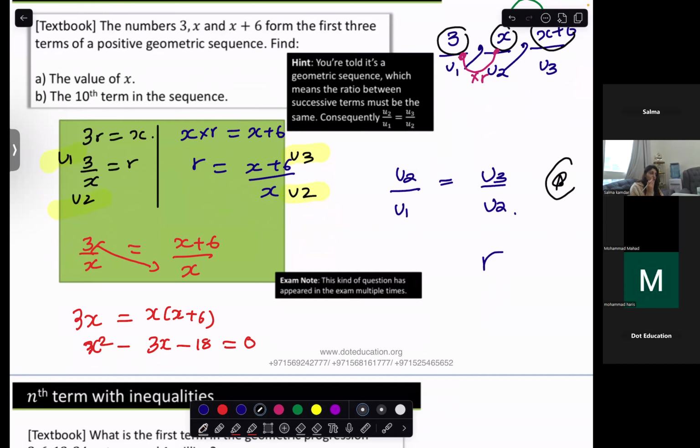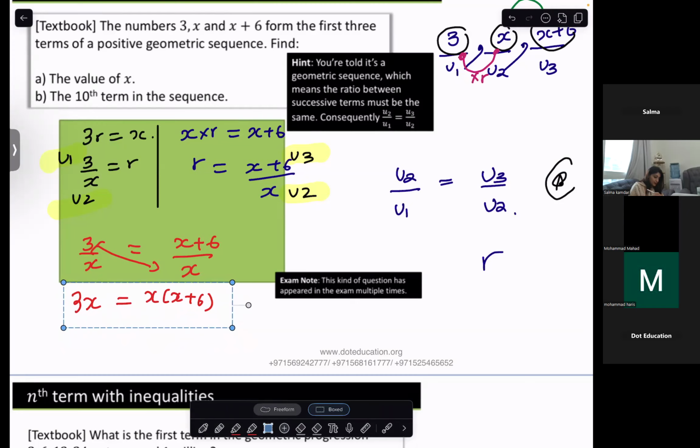Where did you get the minus 18 from? Okay, let me see. Would I say that this is 3x is equal to x squared plus 6x?